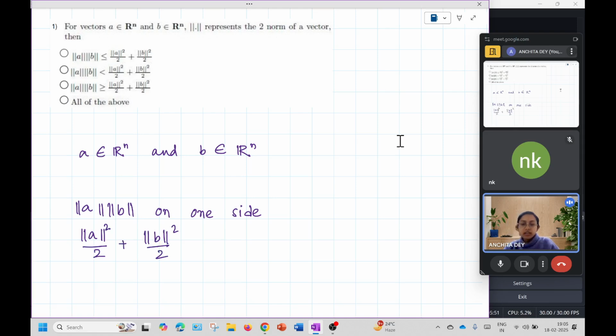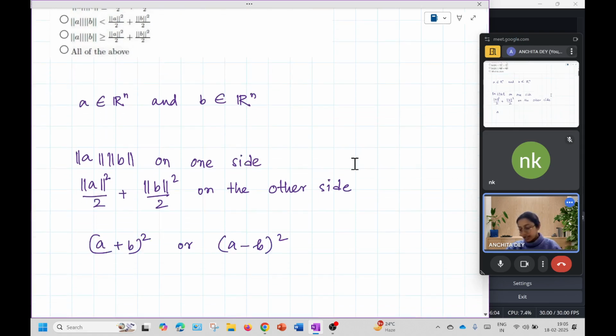The common idea that we get by looking at this is that it has something to do with a plus b whole square or a minus b whole square, right? But note that we have two different entities. The symbols on both sides of the inequality are positive, which means if you expand a plus b whole square, you would have a square plus 2ab plus b square.